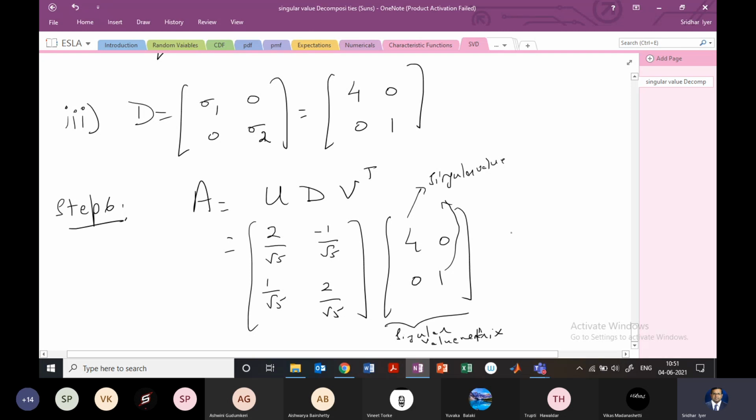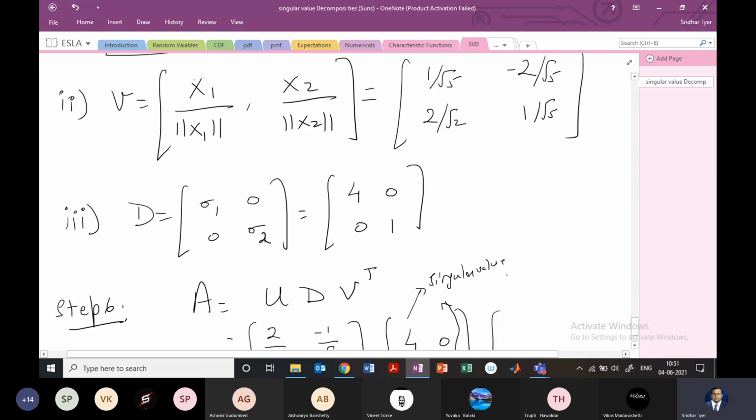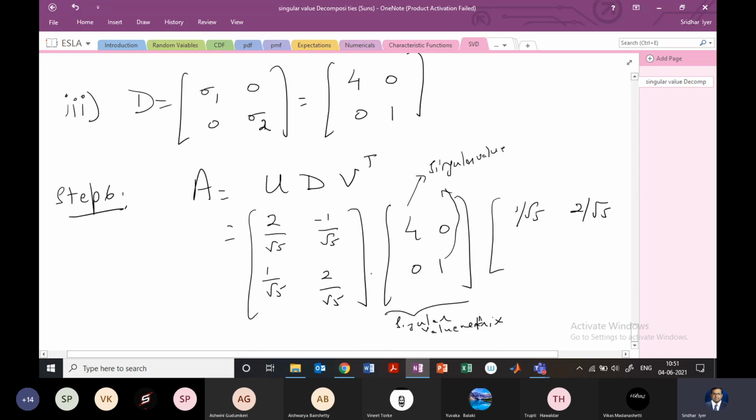Okay, and then V transpose. So we need to transpose V. Let me scroll up and show you V. You have 1 by root 5 and 2 by root 5, so 1 by root 5 and 2 by root 5 will move here, and then you have negative 2 by root 5 and 1 by root 5, so you will get negative 2 by root 5, 1 by root 5.